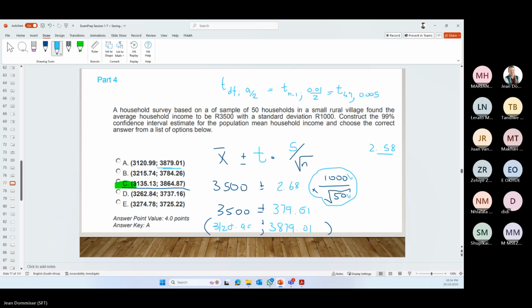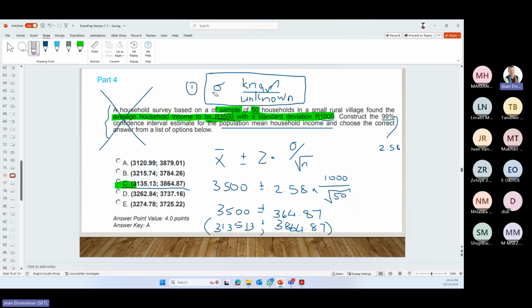3120.99, which is then option A. I wanted to show you guys that if we followed the standard deviation is known, there is an answer, which is the scary thing.